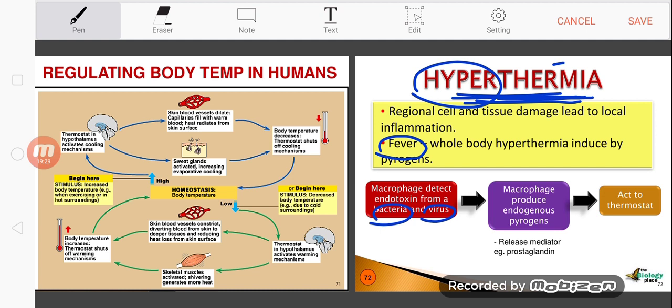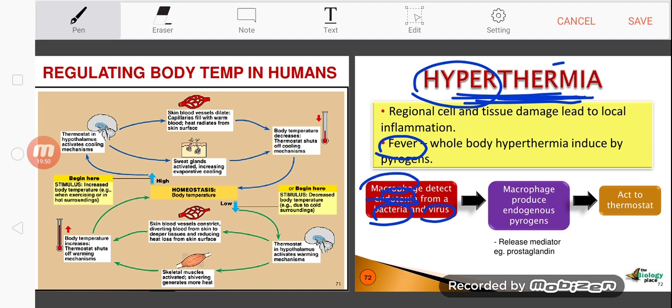Endotoxin is secreted by bacteria or viruses. Once foreign particles enter our body, they will secrete or produce endotoxin, and the endotoxin will be detected by macrophages.